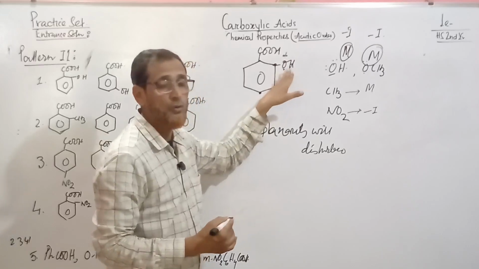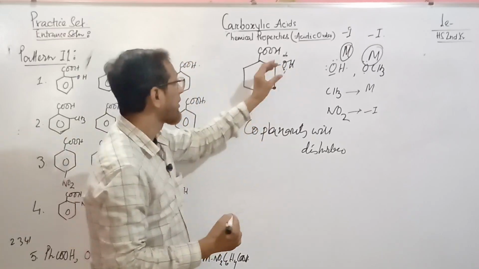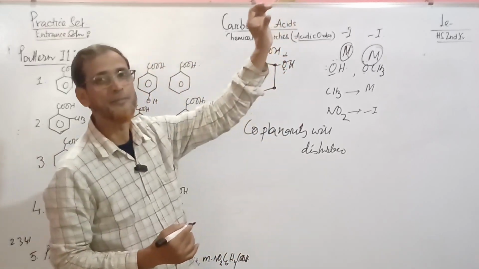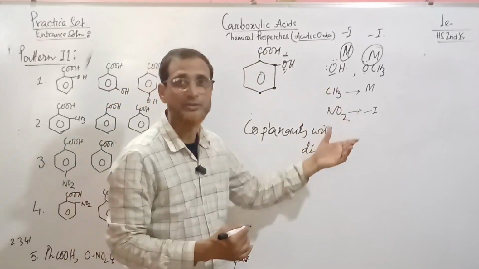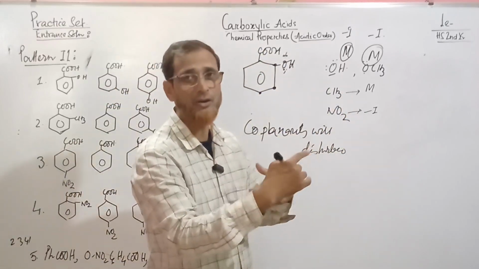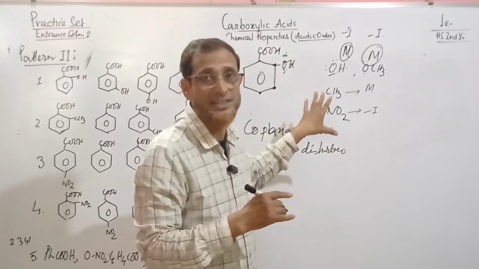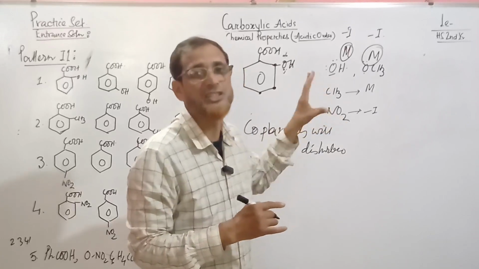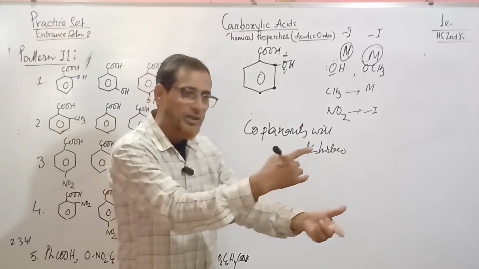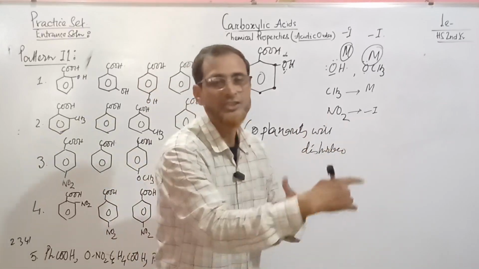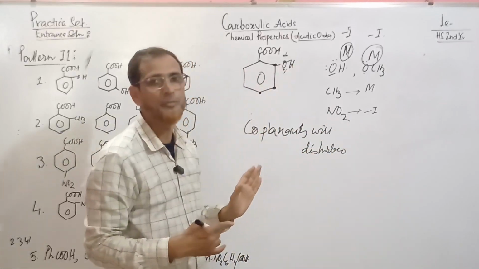But if there is an OH group in the ortho position, then benzene and COOH are in different planes. So there is a difference in plane of these two, and coplanarity is disturbed. Whenever coplanarity is disturbed, the resonance will be disrupted. The resonance will not be there.